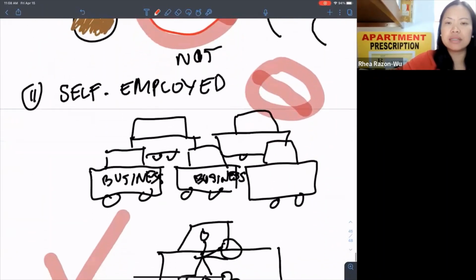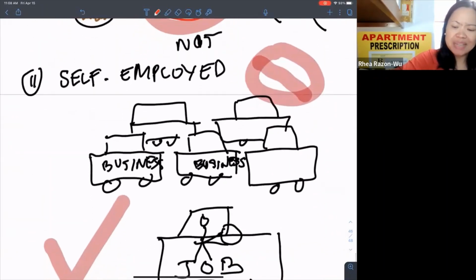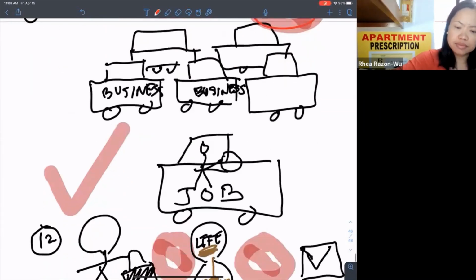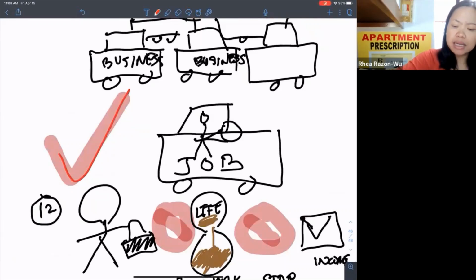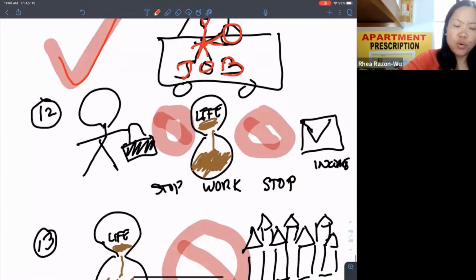Point number 11, self-employed. They are not a business. Why? Because they have to work. It's called a job. Point number 12.